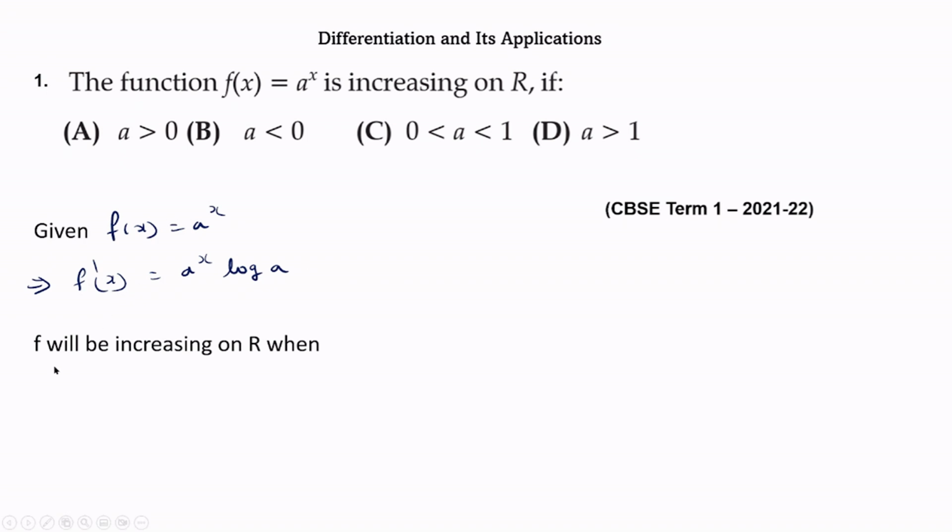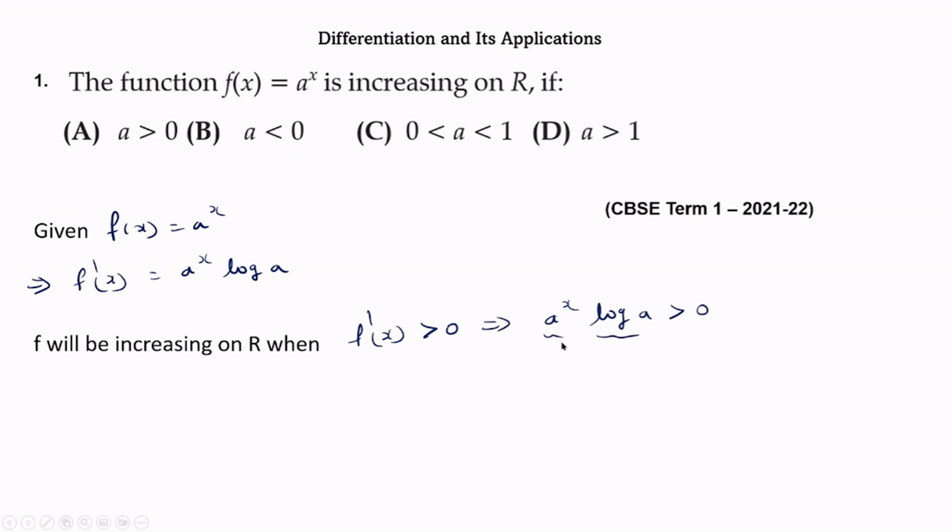And now we have this function f, it will be increasing on R when f dash of x is more than 0. So this implies a raised to x into log a should be more than 0. Now we have a product of two expressions.